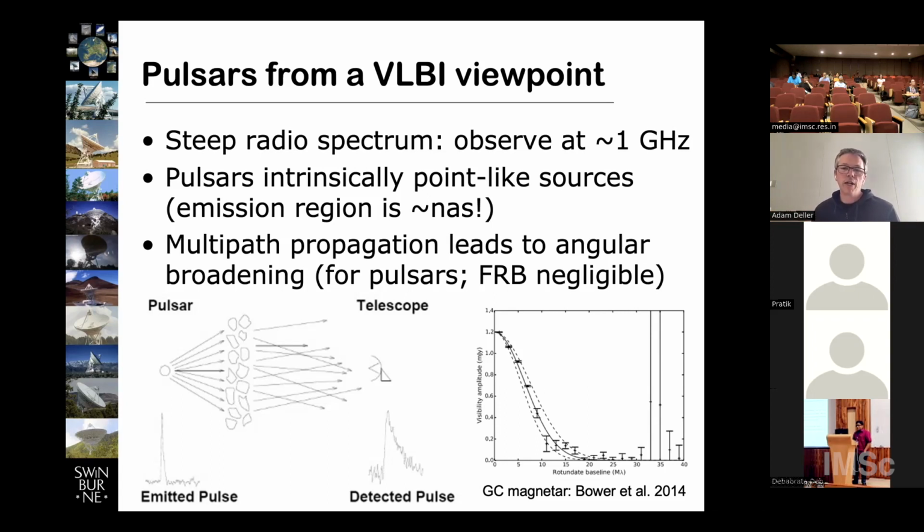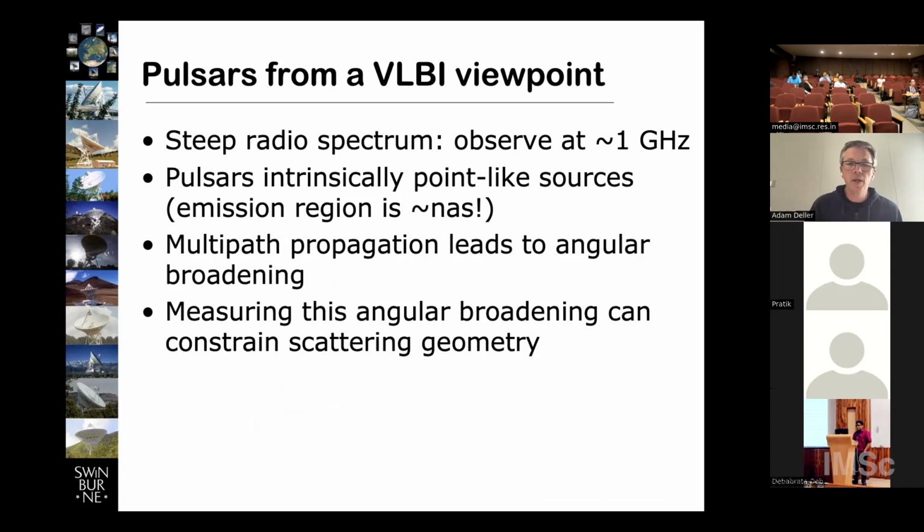And that's then illustrated in the bottom right-hand plot, where as you go to longer baselines, which correspond to higher angular resolution, the flux density of the source starts to drop away as it's becoming resolved out by the interferometer. So this can be interesting. You can constrain the scattering geometry by combining the measurements of the angular broadening with measurements of the temporal broadening, because if you assume that it's dominated by a single thin screen, that can tell you how far along the line of sight that thin screen is.